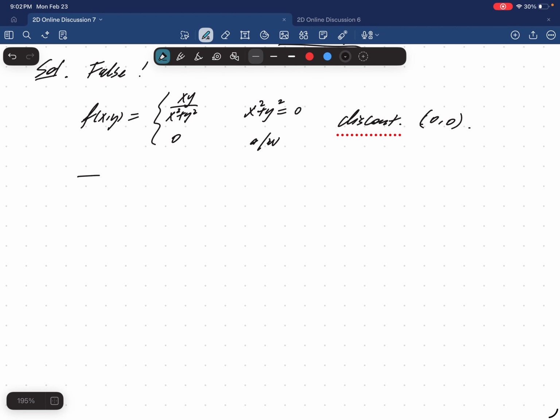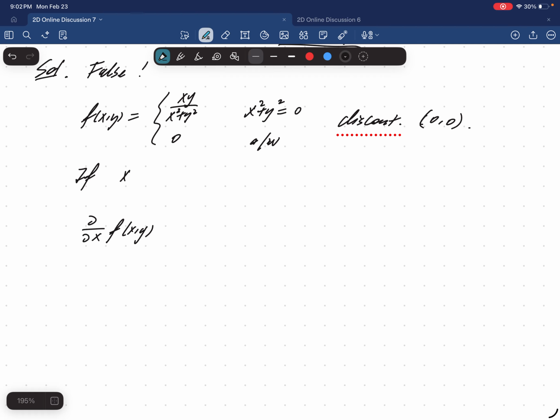So what is del x of f(x,y) if my x and y are non-zero?